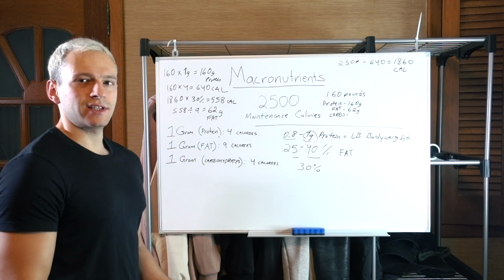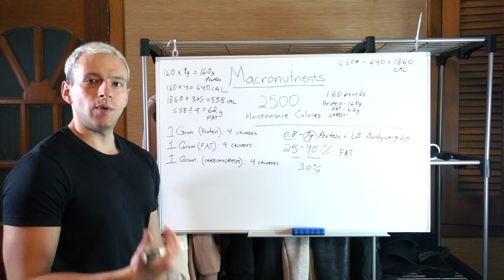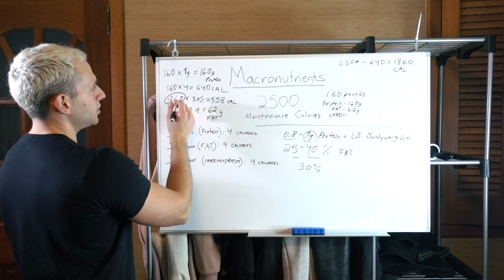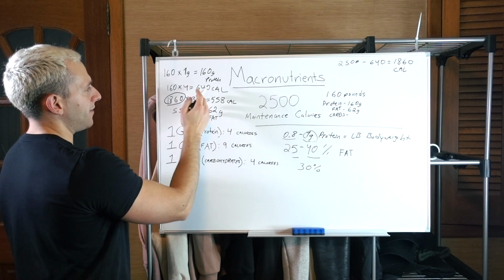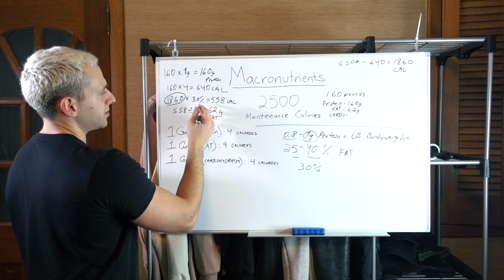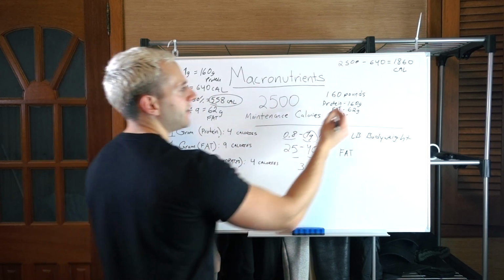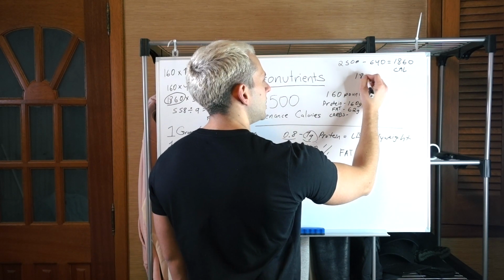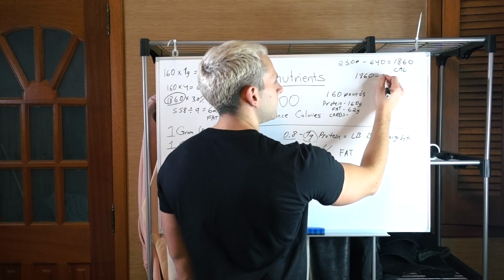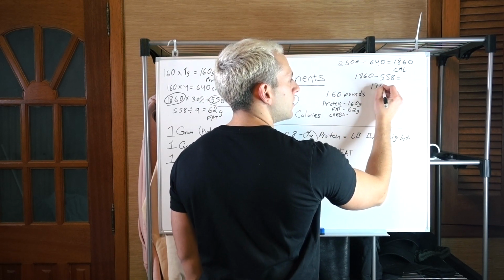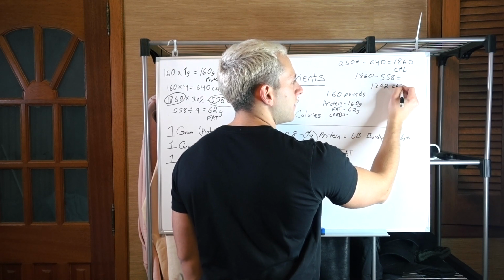Now all we have to do is calculate our carbs. So what we're going to do is take 1,860, which was the number of calories we had left after the protein, and subtract 558 because we just used that for fats. So we're going to do 1,860 minus 558, which is going to equal 1,302 calories left for carbs.